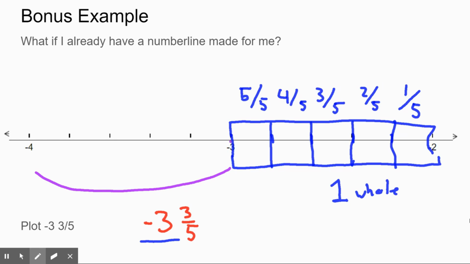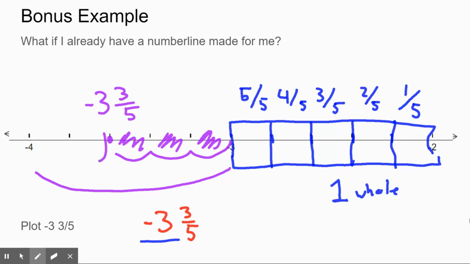So if we start from -3, since we know we're going to have a thing there, we can go 1, 2, 3, and this point right here should be representing -3 and 3/5, because we have filled in essentially 3 out of 5 spots.